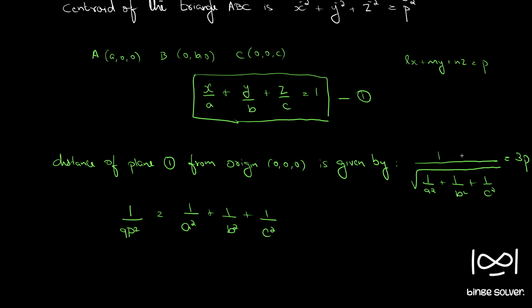So how did we get this part? You have ax plus by plus cz plus d equal to 0 as a plane, and if you have a point (x1, y1, z1), the distance between this point and the plane is given by ax1 plus by1 plus cz1 plus d by root of a square plus b square plus c square.